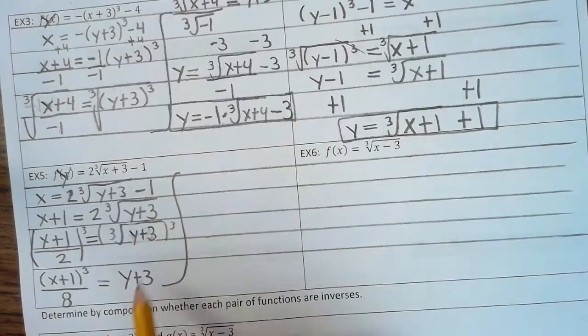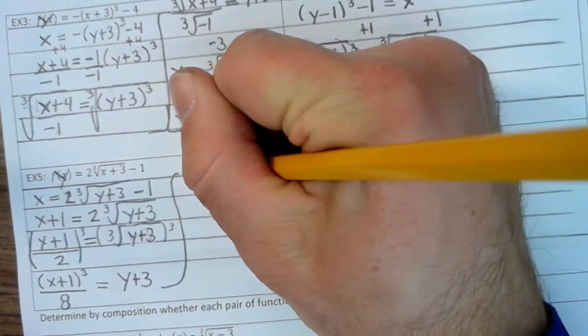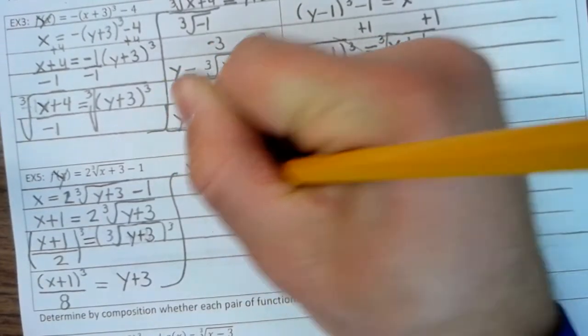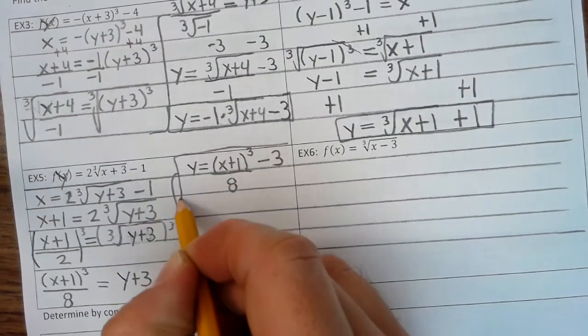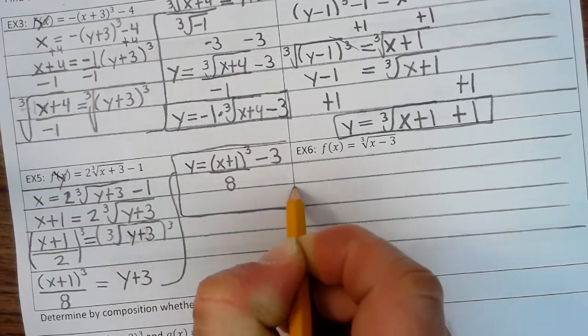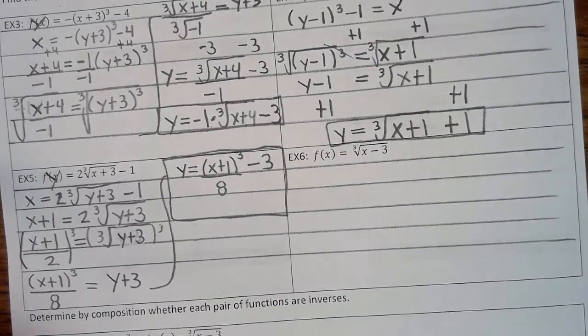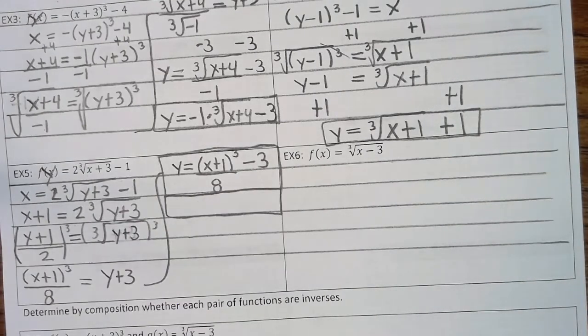And then your last step is subtract 3 from both sides. So y equals x plus 1 cubed divided by 8 minus 3. Actually, we're going to do the boxes just there.